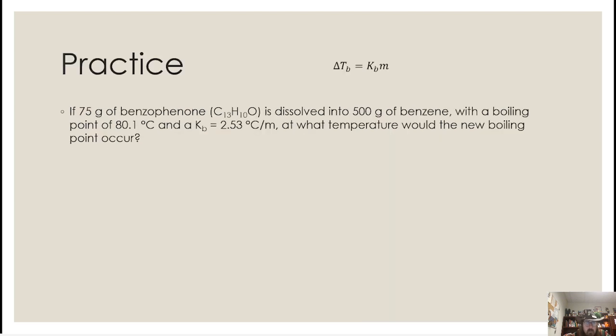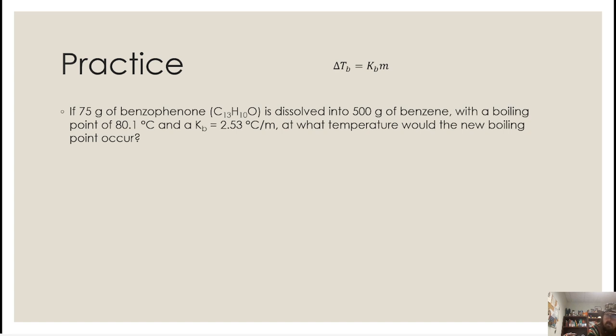So we have a couple problems left of practice and a few more things. So this problem right here, if 75 grams of benzophenone, C13H10O, is dissolved in 500 grams of benzene, C6H6, but it's a solvent.